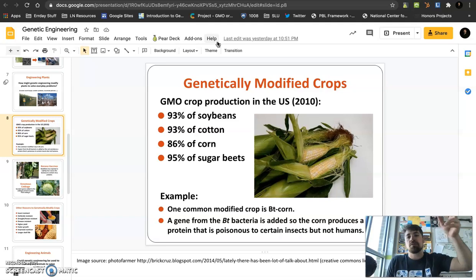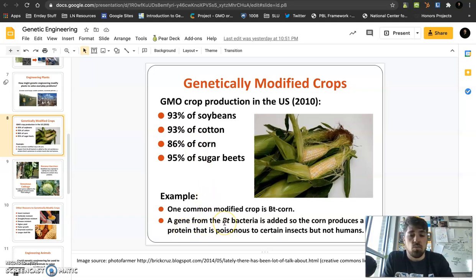The first that we really did this was in the 2000s, and what you see here, the GMO crop production in the U.S. back in 2010 was 93% of soybeans, 93% of cotton, 86% of corn, and 95% of sugar beets. So think about it. All of these things are common foods, common produce, and we've taken these and we've genetically modified them to allow them to grow better, to withstand harsher conditions, to be more plentiful. There's many different ways in which we can modify these.